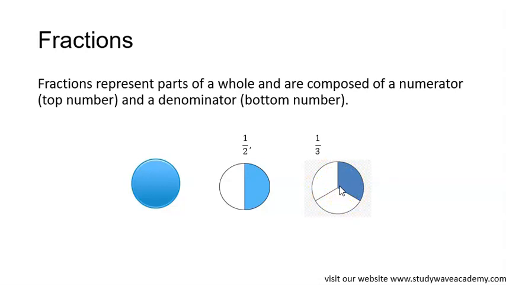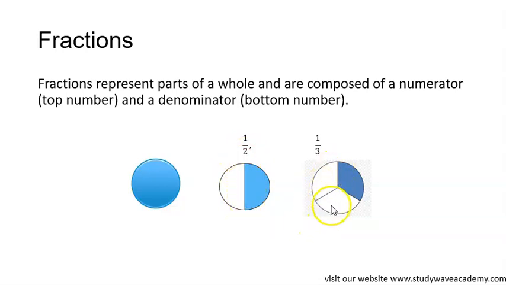So fractions represent a part of a whole, okay? Remember, the up number is the numerator and the lower number, the down number, is the denominator. The numerator represents the shaded part and the denominator represents the whole parts, how many it is divided into, okay? Here it's divided into 2, so the denominator is 2.